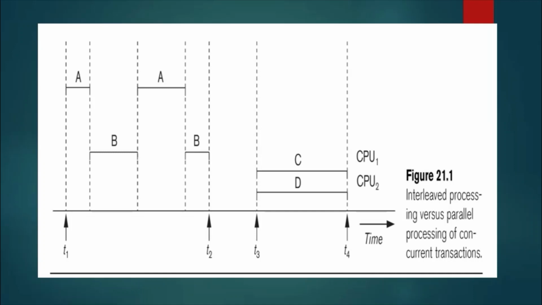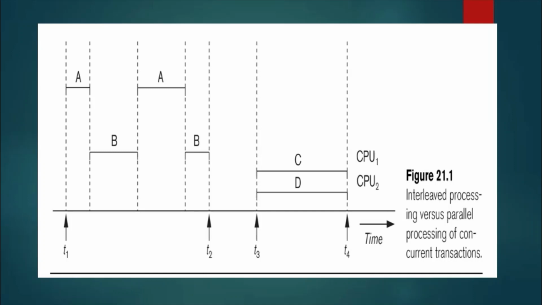Here you can see this part is executed by a single process, where from T1 to T2, A is executed, then concurrently B also executes, and A executes again and then B, like that. So by interleaving each process within a single CPU, they are executed.